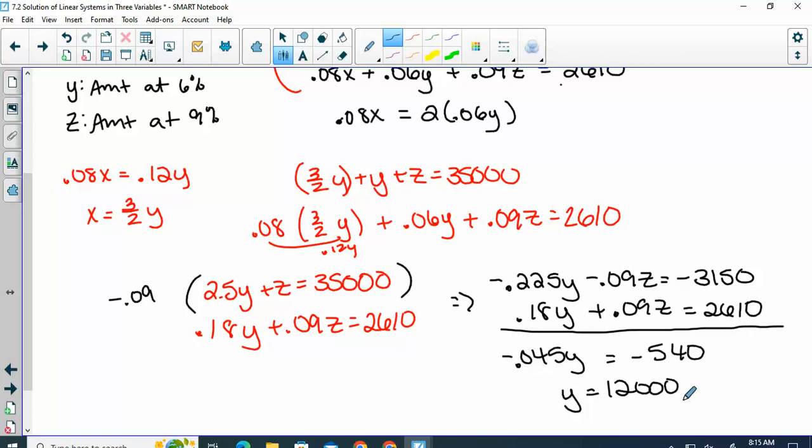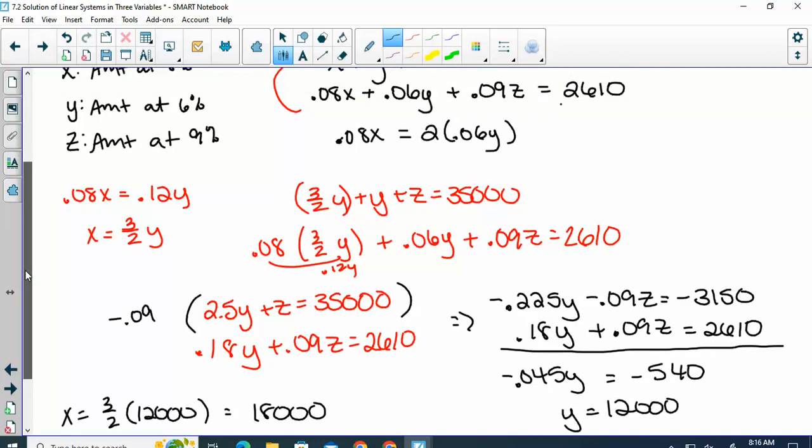And the y is 12,000. Okay, so we have to work backwards and find all of them. You get 18,000.